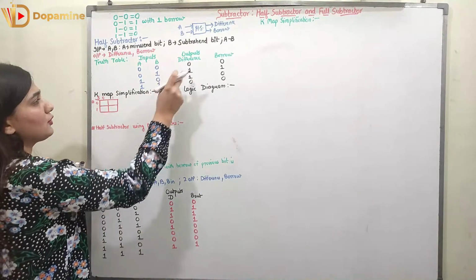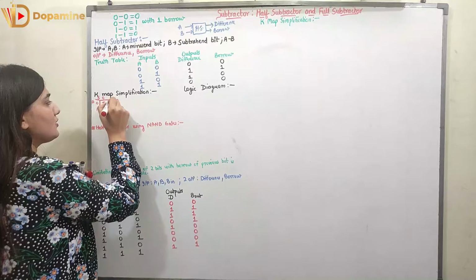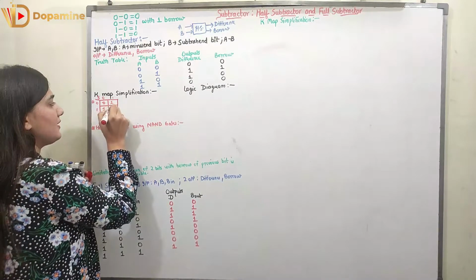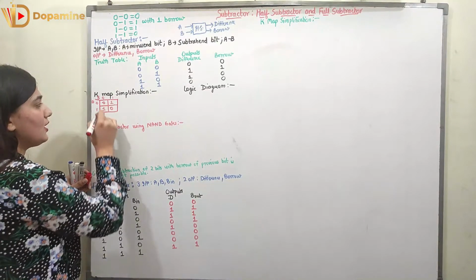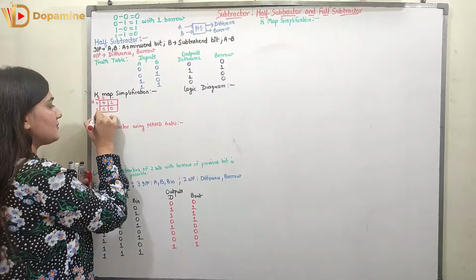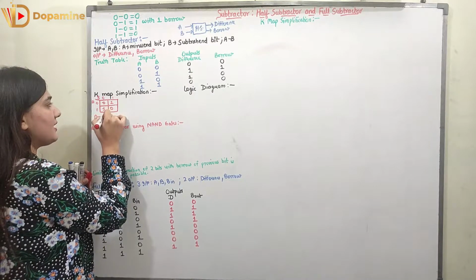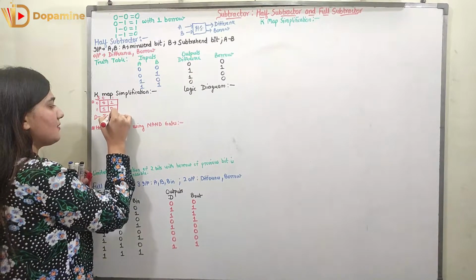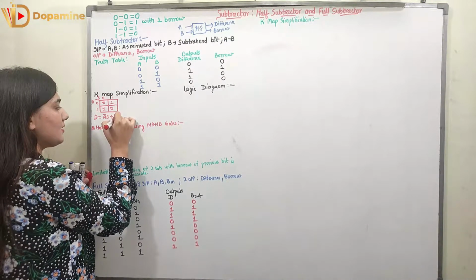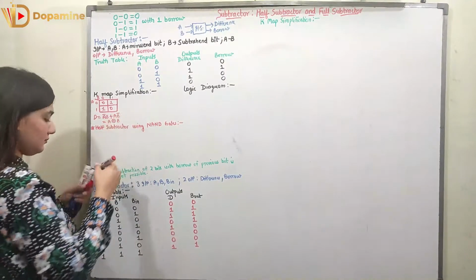When A and B both are 0, output is 0. So A 0 B 1 output is 1, A 1 B 0 output is 1, and both are 1, output is 0, right? So now I can represent this as, this is my difference. Difference is represented as A bar B plus A B bar, which is equal to A XOR B.